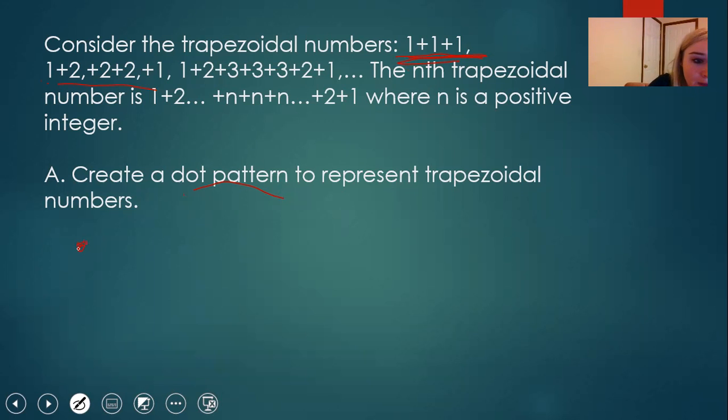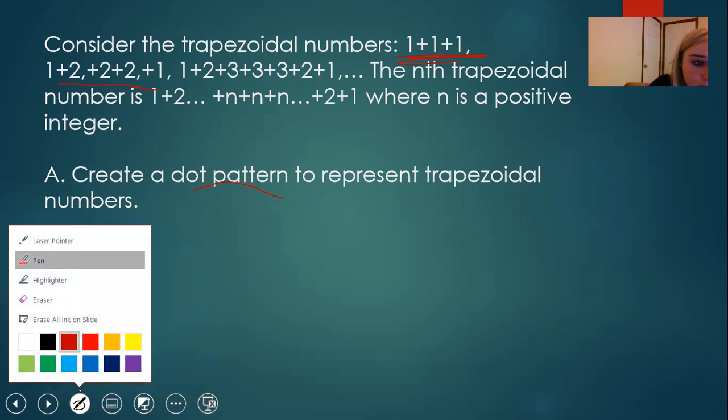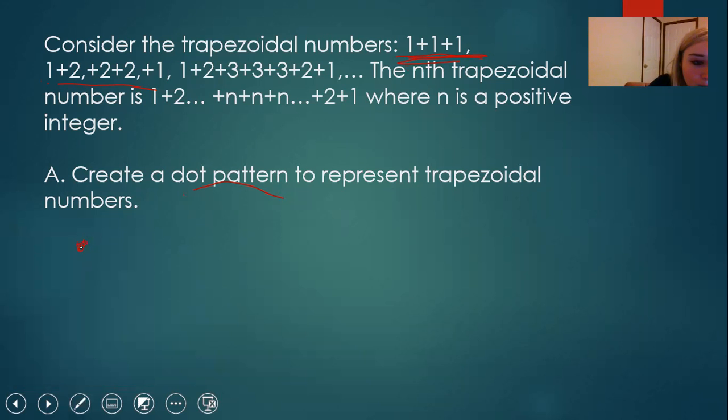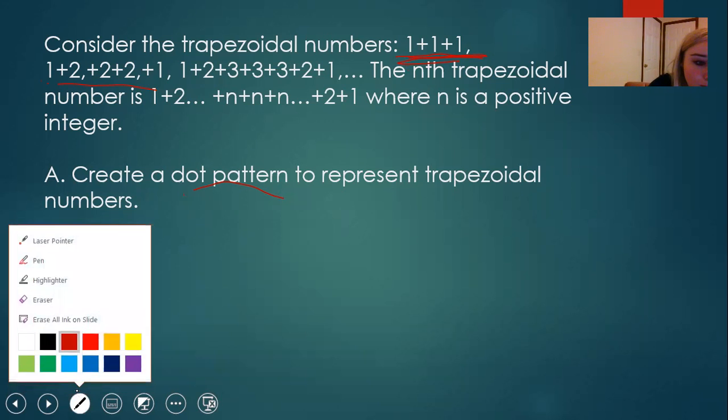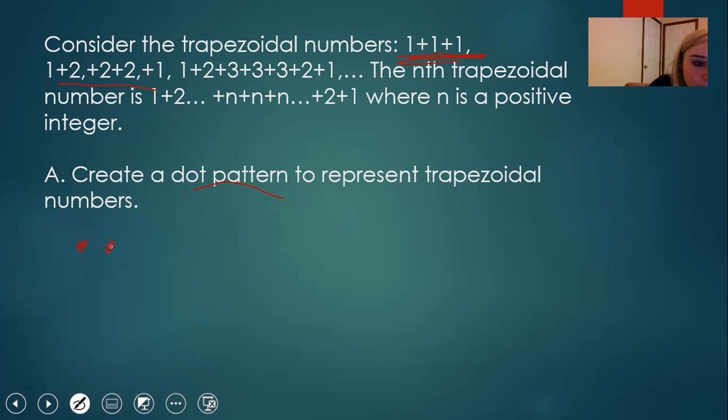So we know that that would have to mean 1, 2, 3. So that's 3 dots, because we know that this equals 3. And so here we're just going to add them up. 2 plus 2 plus 2 plus 1. So 1 plus 2 plus 2 plus 2 plus 1.